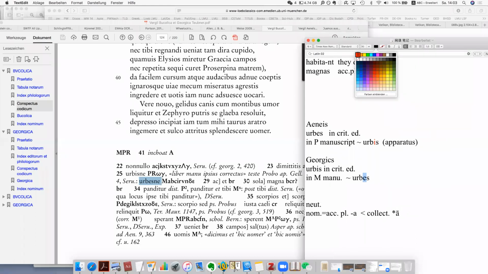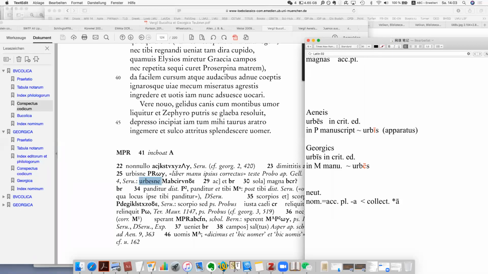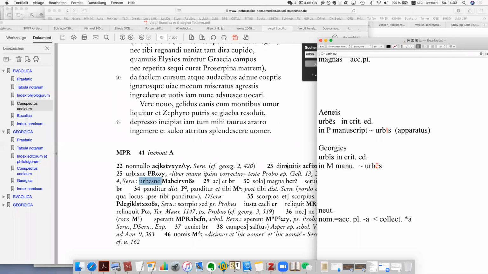It's Urbis. Yeah. And according to the meter, we actually know it's a long A, it's a long E, it's a long A, it's a long E. That's not an issue. Yeah. And then probably let's move to the manuscript.